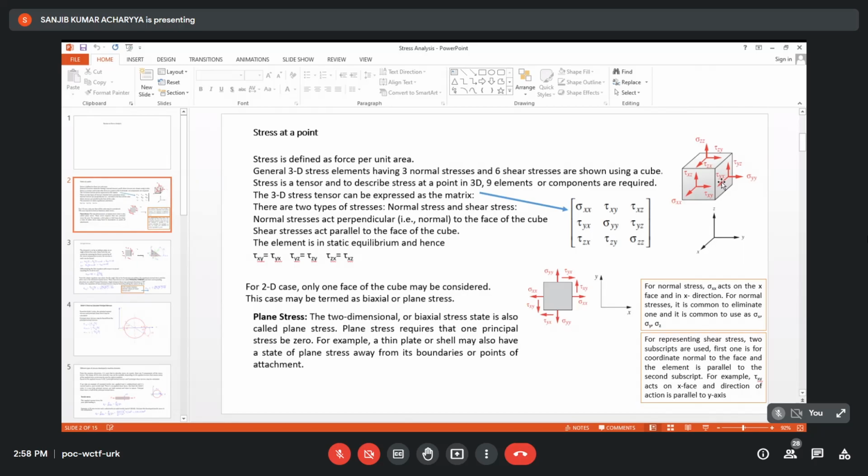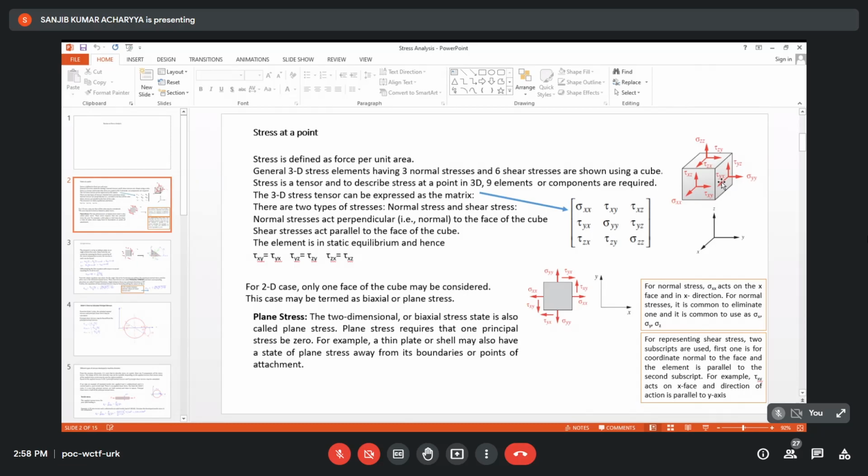Do you agree? Suppose we take a slice within a member at a point along a certain orientation, and we find that the load perpendicular to that particular section or plane is zero. There is no stress in the third direction.